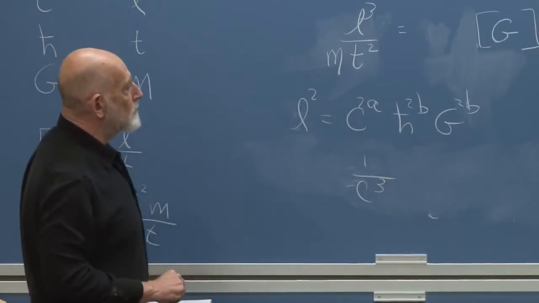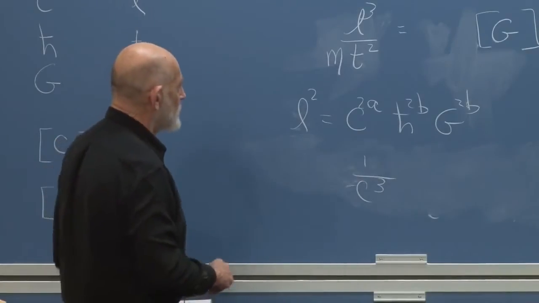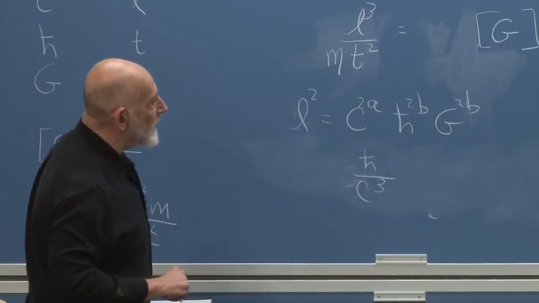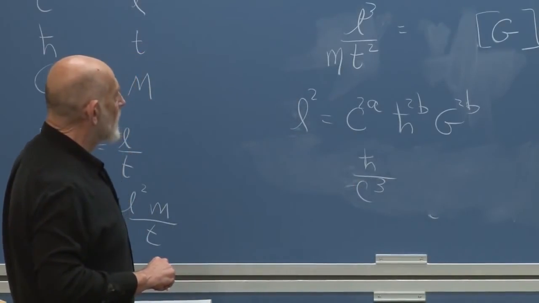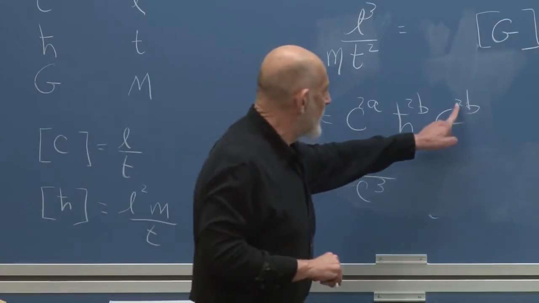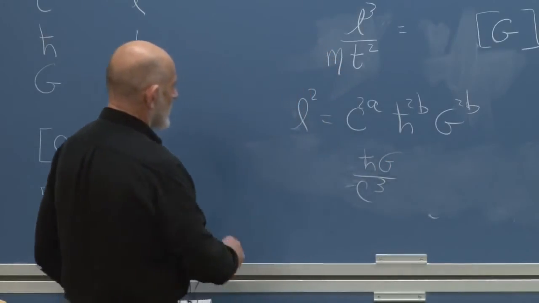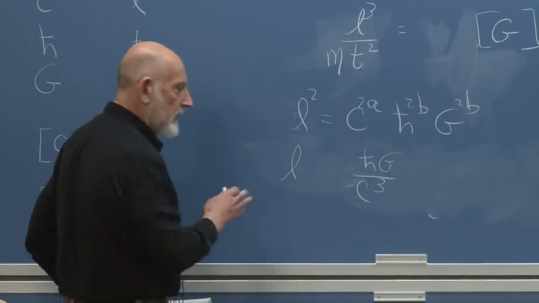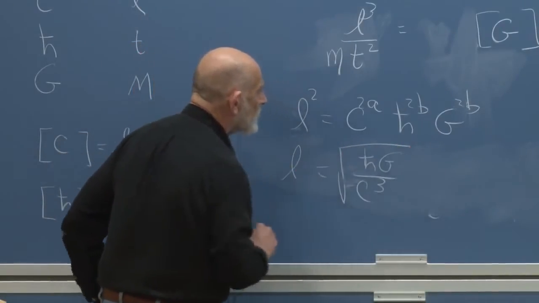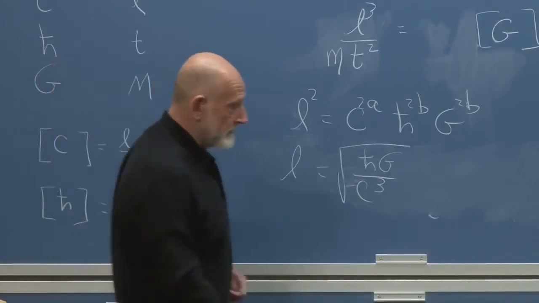H bar to the 2B, 2B is 1, so H bar. And B is also 1/2, so it's just G upstairs. Thus, the fundamental unit of length that you can build out of these is equal to the square root of H bar G over C cubed.